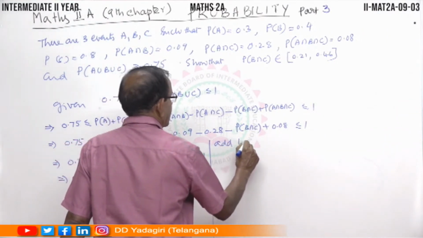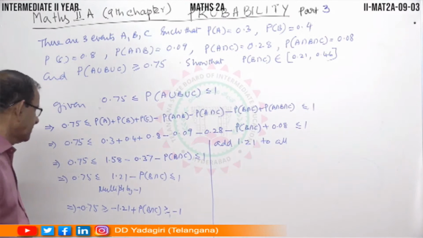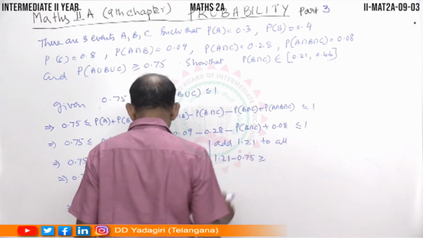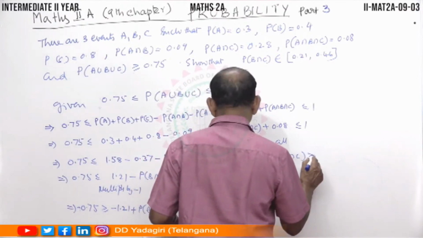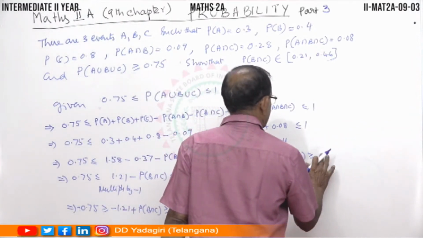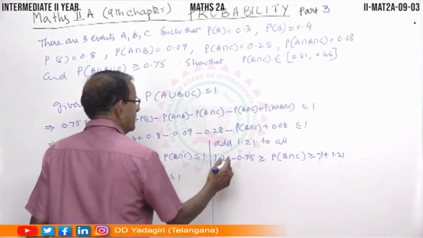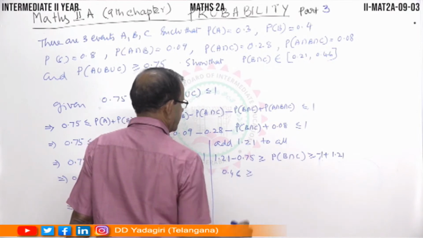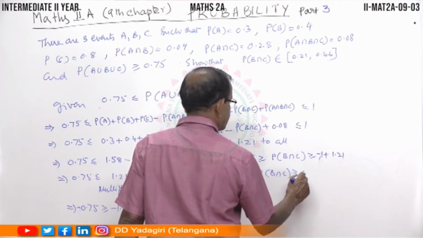Add 1.21 to all, and what you will get? 1.21 minus 0.75 greater than or equal to, this will be cancelled, you will get only P of B intersection C, greater than or equal to minus 1 plus 1.21, that is 0.21. 1.21 minus 0.75, that is 0.46, greater than or equal to P of B intersection C greater than or equal to 0.21.